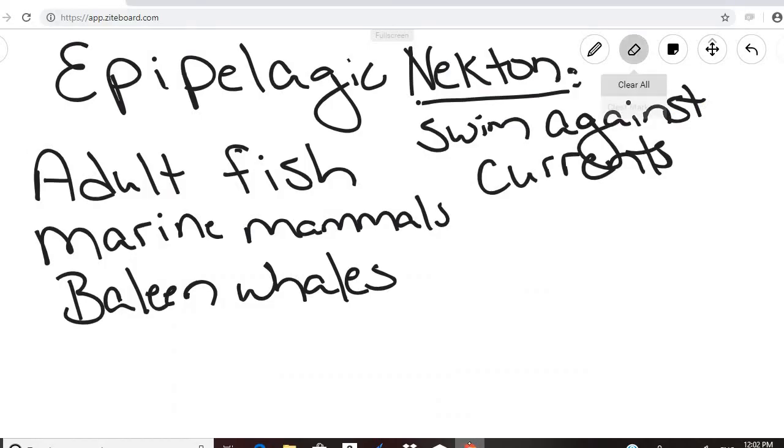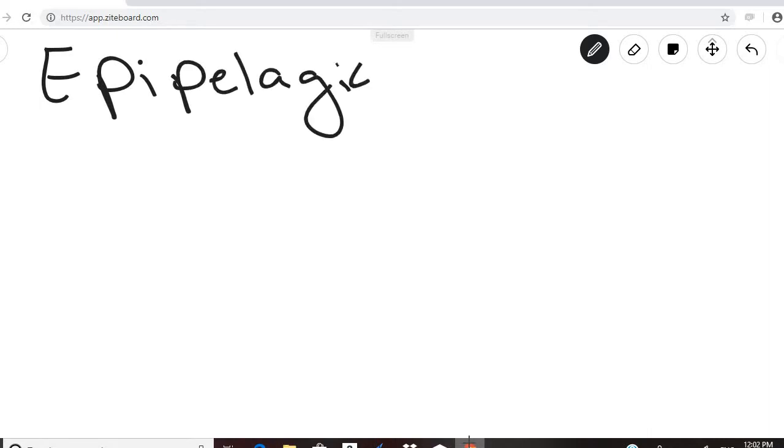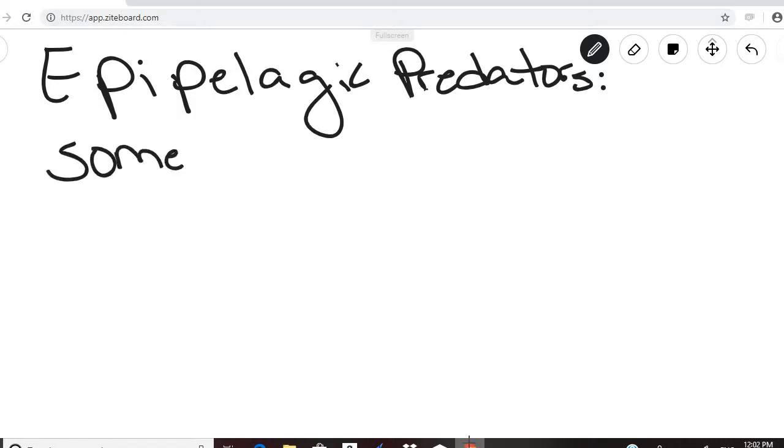Let's say a few things about the predators. So what about epipelagic predators? These are animals that are predators that live in the epipelagic zone. Some of them live below the epipelagic zone, but they come up at night to feed.